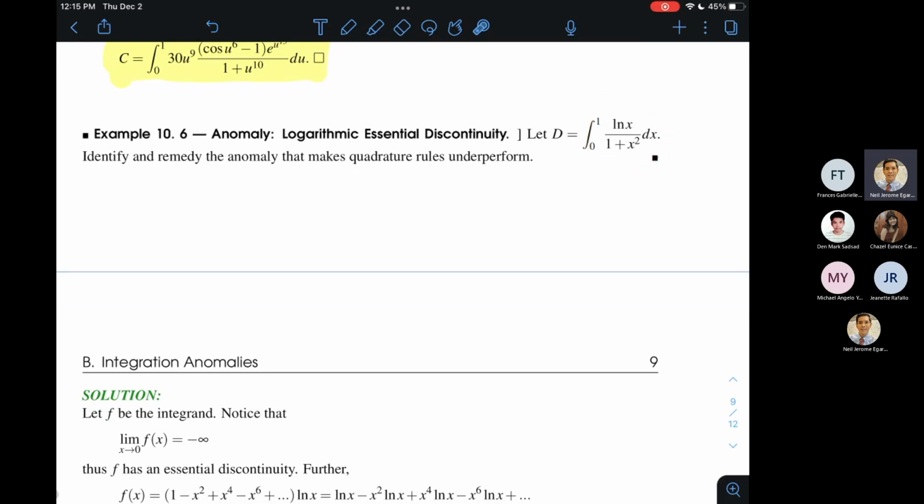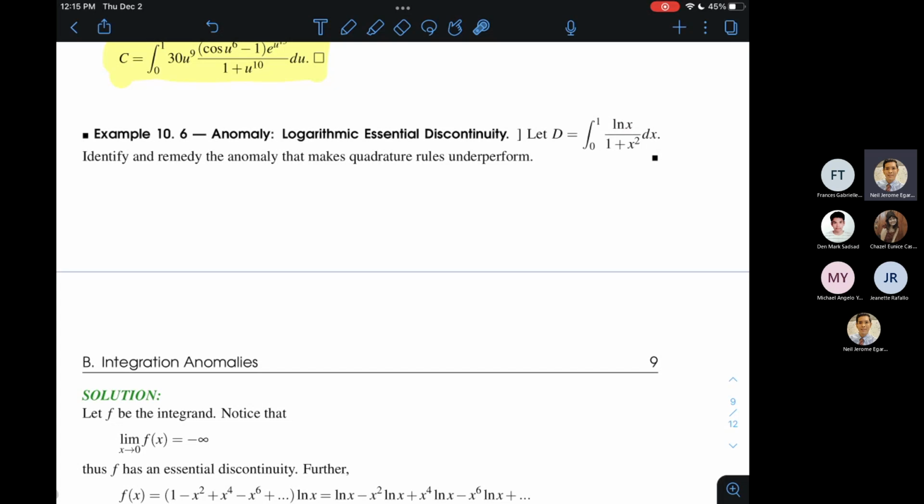Let's consider the integral of ln x over 1 plus x squared from 0 to 1, okay? Okay, the function is not defined when x is equal to 0 kasi yung ln of 0 is undefined. So the function we know is obviously discontinuous at x equals 0.